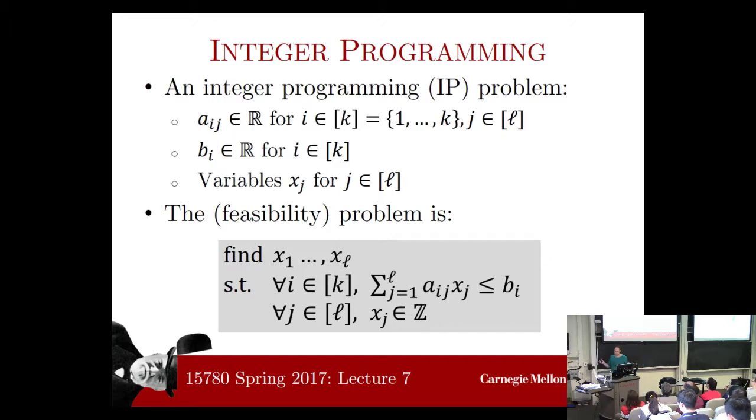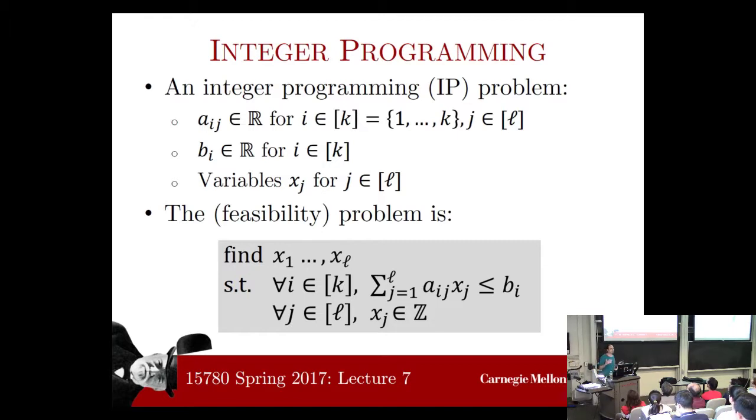So here we're writing down everything explicitly. We'll have constants a_ij. So you can think of our matrix as this A where the entries are a_ij, and i goes from 1 to k, j will go from 1 to L. And we have another k constants b_i. And then our variables, we're going to have L variables, which we denote by x_j.